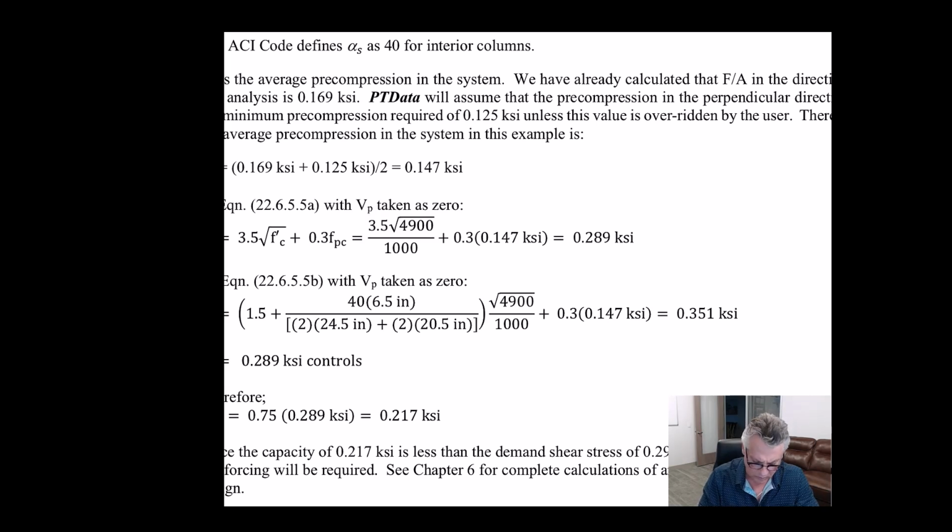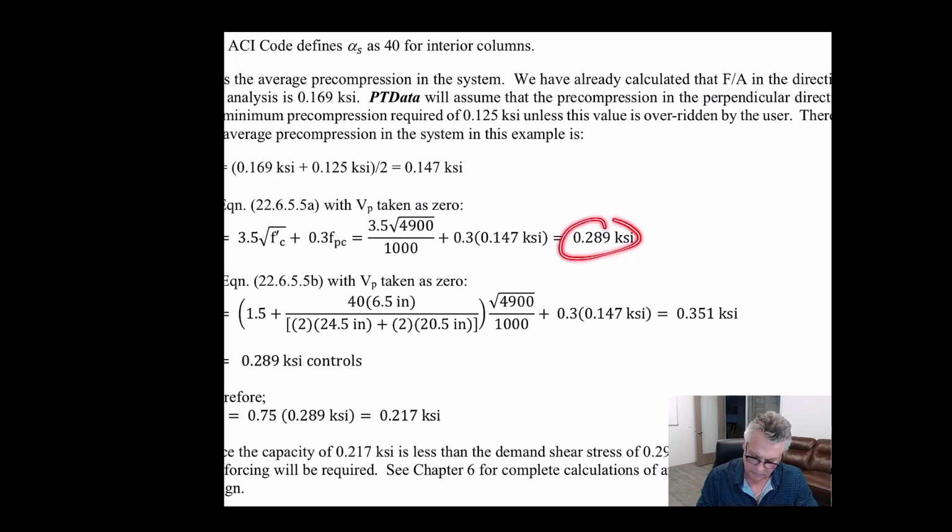The second equation, that's that gamma S, that 40 right there. Again, you're limited to 4,900 PSI in this radical. Another reason that you might be off slightly in your hand calcs. And that results in 350 PSI. We have to use the lesser of the two.